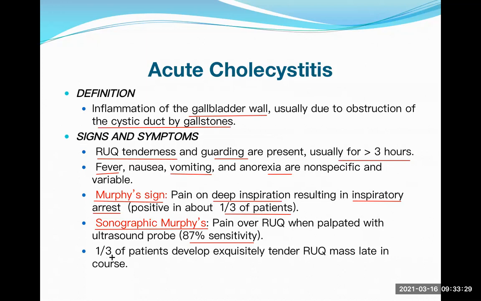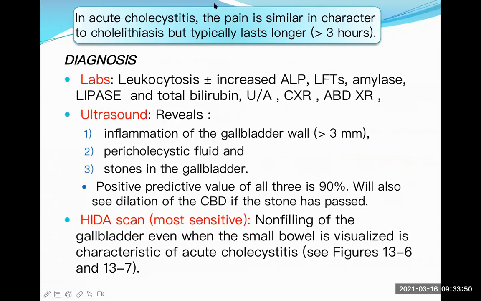1/3 of the patients develop exquisitely tender right upper quadrant mass late in the course. Sometimes there is a mass formation also when parietal peritoneum is involved, the structures which are there may go and attach at that area. So it forms a mass. Now let's move on.